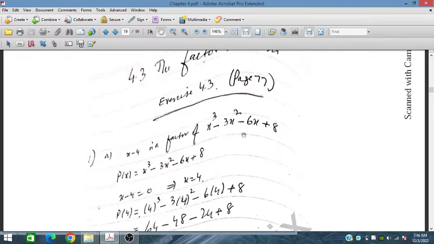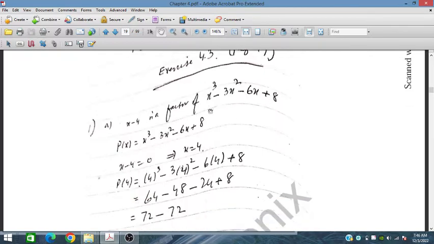x minus 4 is a factor of this. So we have a polynomial. This is polynomial, so this is P(x). So x cube minus 3x square minus 6x plus 8, and x minus 4 is our factor. So x is equal to 4. In place of x, we will place 4.